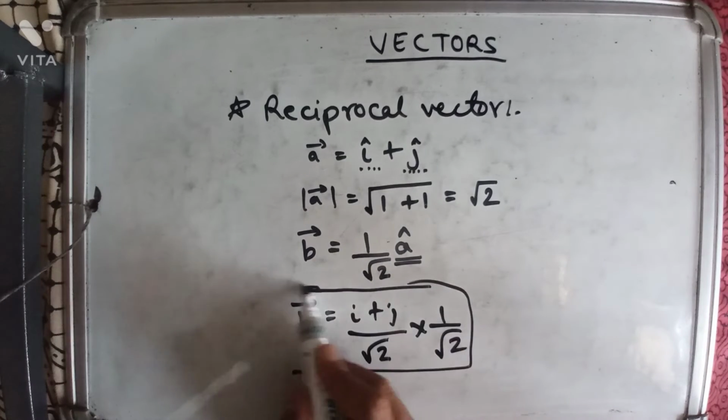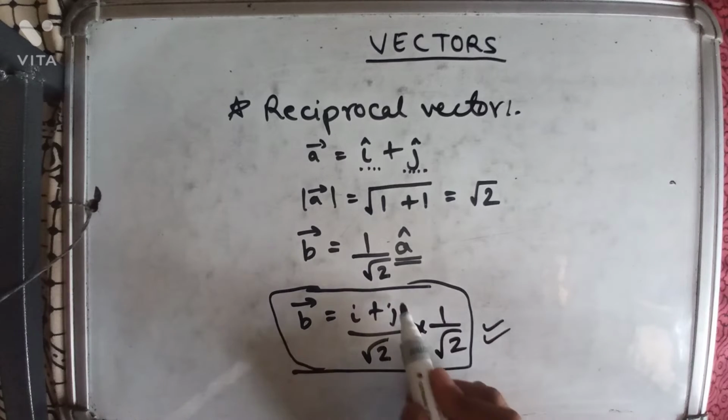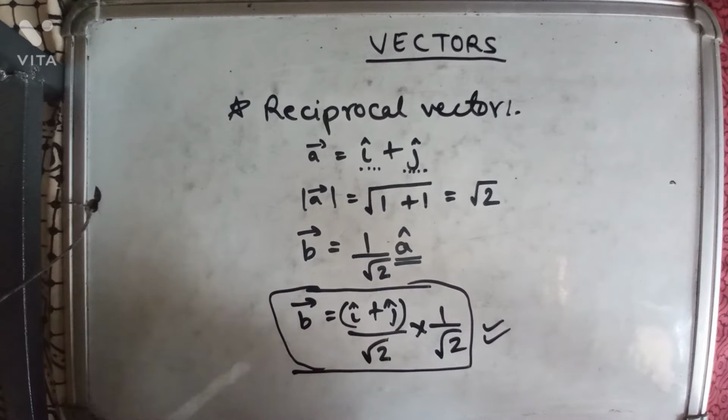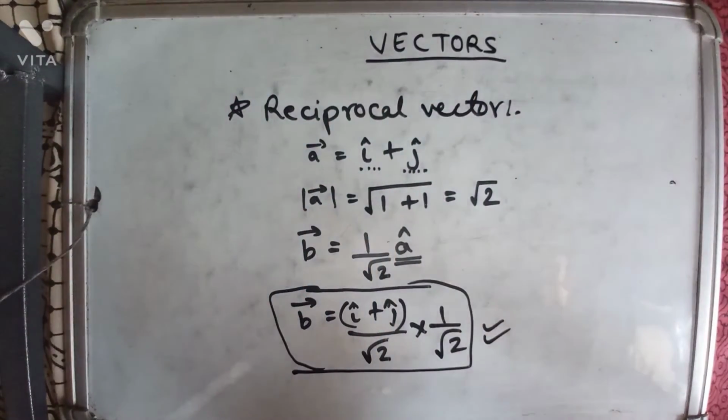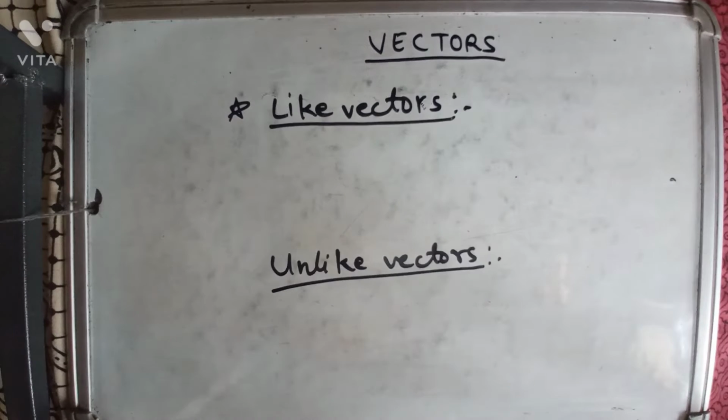This will be the final thing you have to remember. This is a cap. Remember to take the cap. So the next thing you have to see is like vectors. Please note all this and let's move on to the next thing.